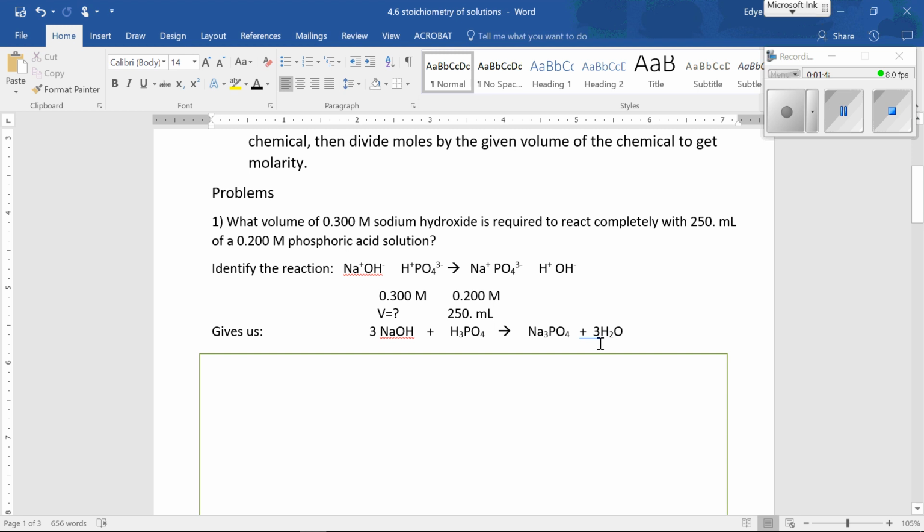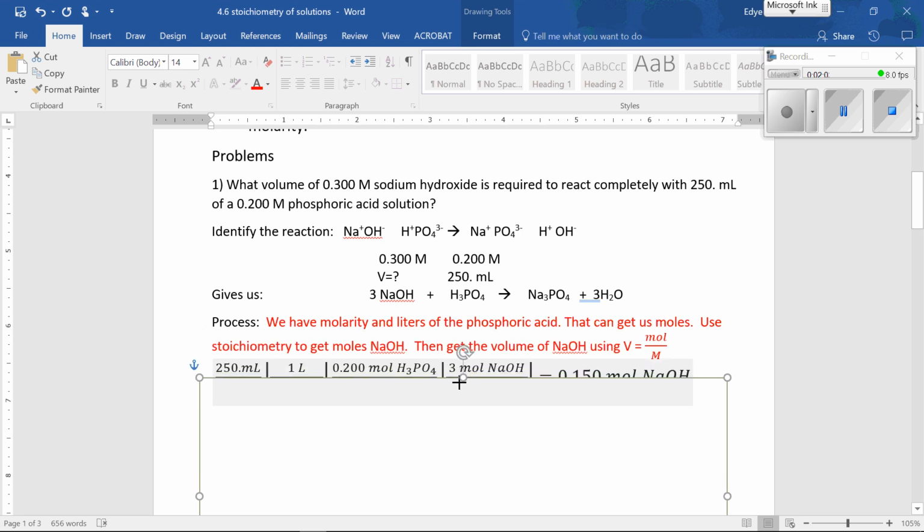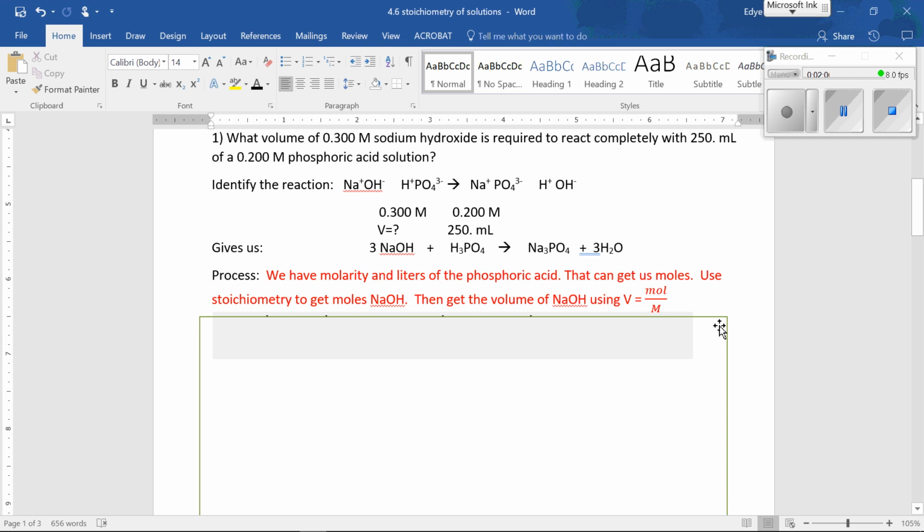All right. So we've got all this information, and now you have to think about problem solving. Well, notice you have a volume and a molarity. Volume and molarity can give you moles. So here's the process we're going to use. So we have molarity and liters of the phosphoric acid.